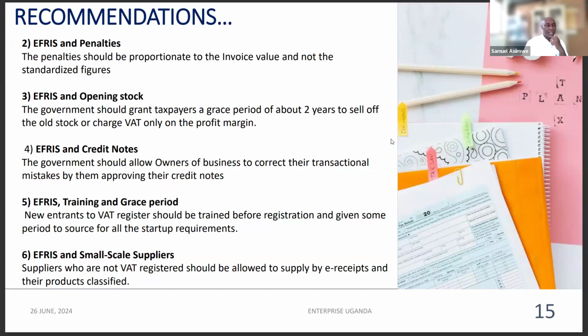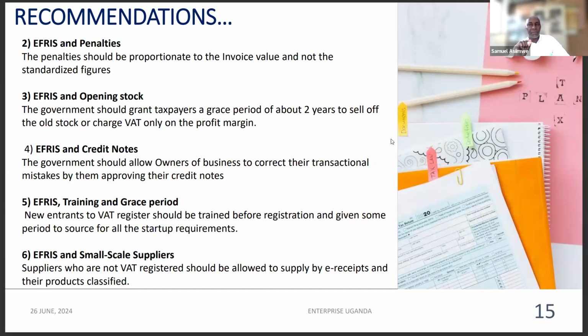The second recommendation is about EFRIS and the penalties. Of course, as I've said, the penalties are standardized: 6 million, 8 million. And what is the community saying? We are saying these penalties can be proportionate to the invoice value. If the invoice value is 10,000, get a small figure.